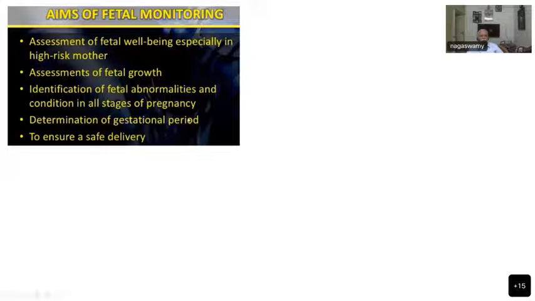And determination of gestational period. Some patients lose track of the last menstrual period, so they don't know. Sometimes in multiparous women it happens.